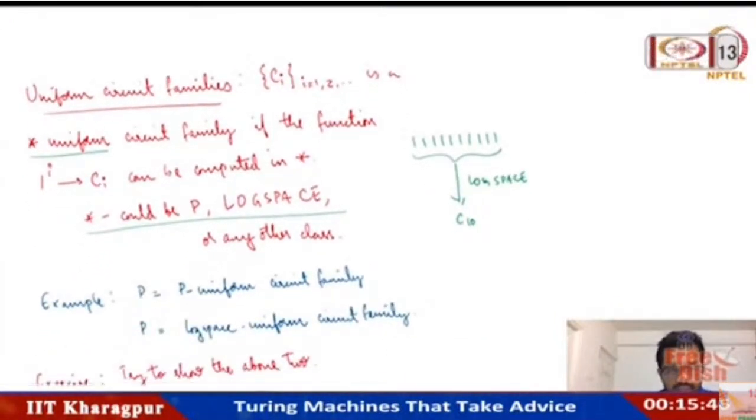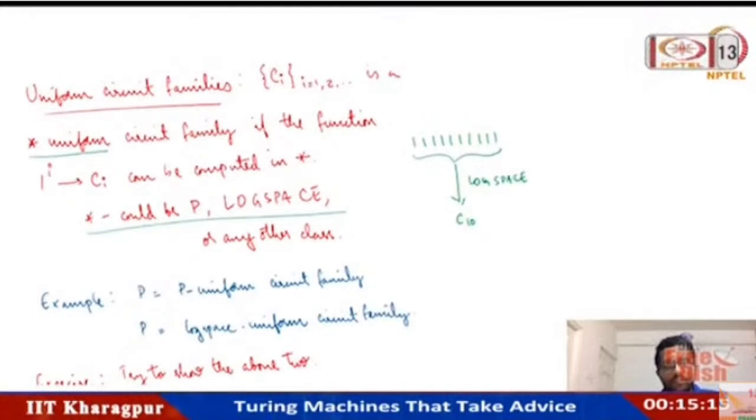So now uniform circuit families means that there should be a way to generate the circuits of each input length using some kind of an algorithm or some kind of a computational power, right? And this will reduce the power of the circuits, meaning it will remove the non-uniformity, because the name itself indicates that these are called uniform.